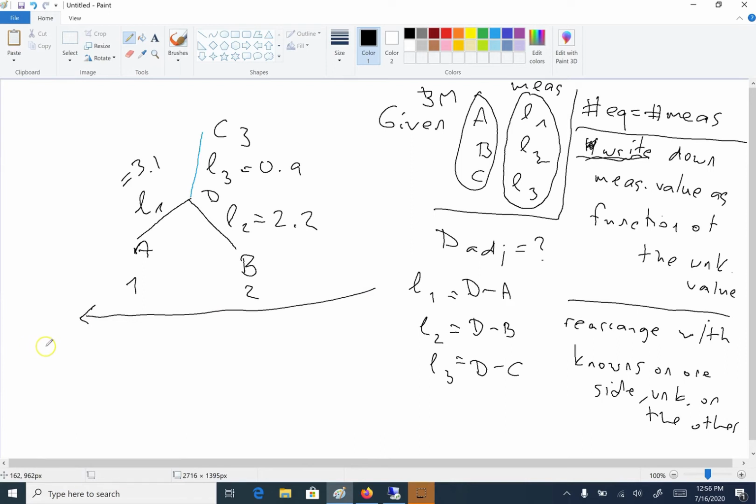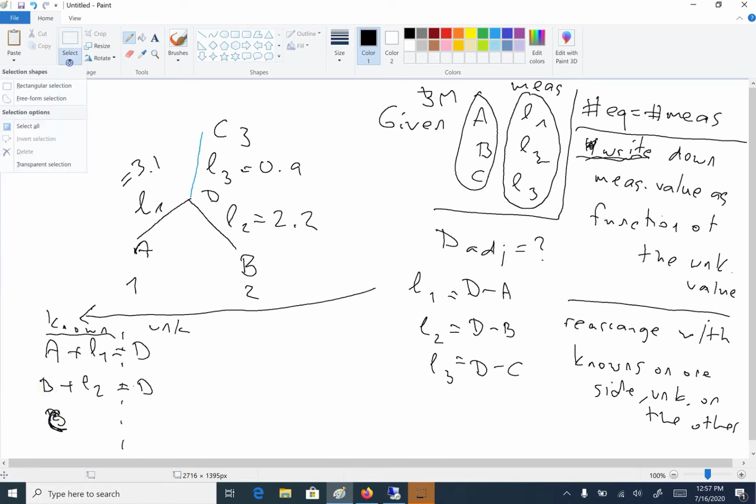So we have to rearrange it so that A plus L1 is equal to D. So these are my known values, and this is my unknown. B plus L2 is equal to D, and C plus L3 is also equal to D.